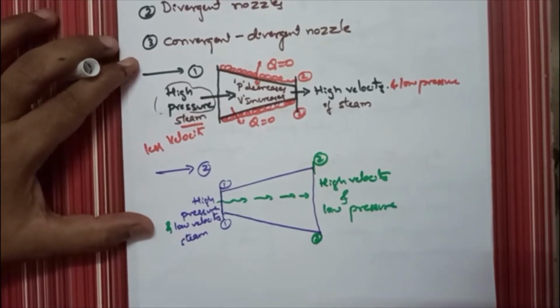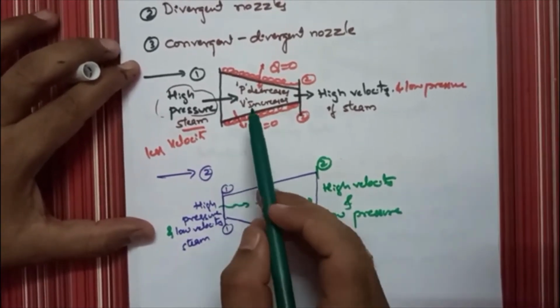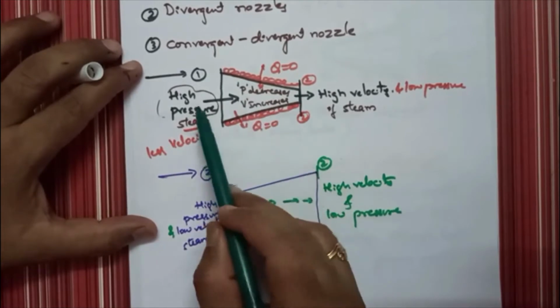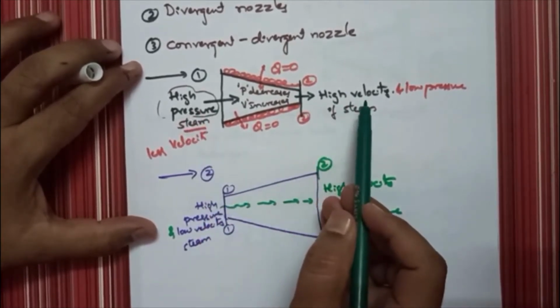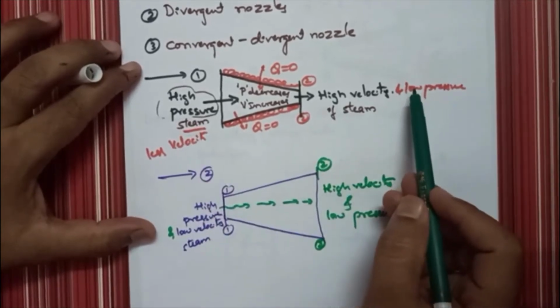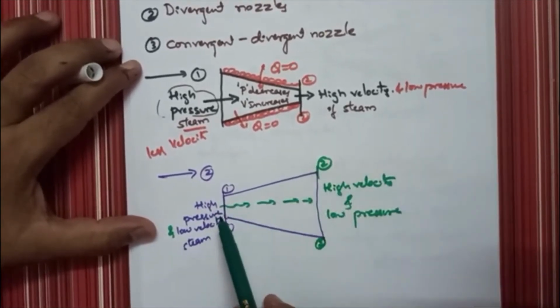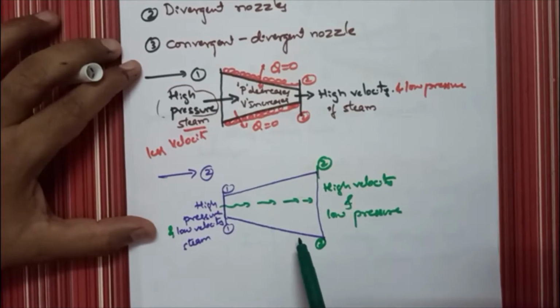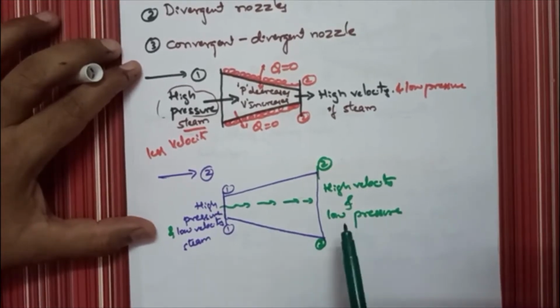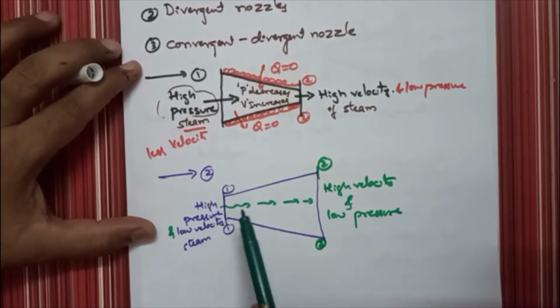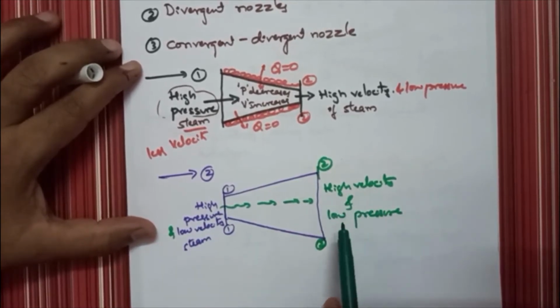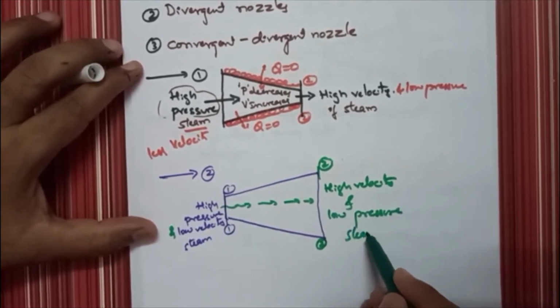You can ask a question, sir, here the area is decreasing, but the conversion of energy is high pressure to low pressure, low velocity to high velocity. Another way, here the cross-sectional area is increasing, but the working is the same: high pressure and low velocity steam is converted into high velocity and low pressure steam.